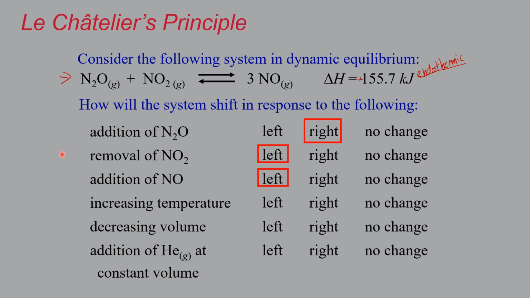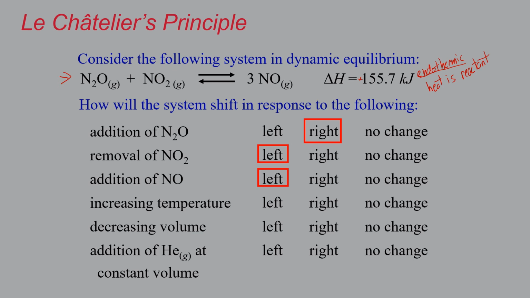Now, temperature. So I talked about this, and remember that the key to this is to treat heat as if it is explicitly a product or a reactant. Now, if it's endothermic, the way that you interpret that is if the system needs heat, it takes it in from the surroundings.